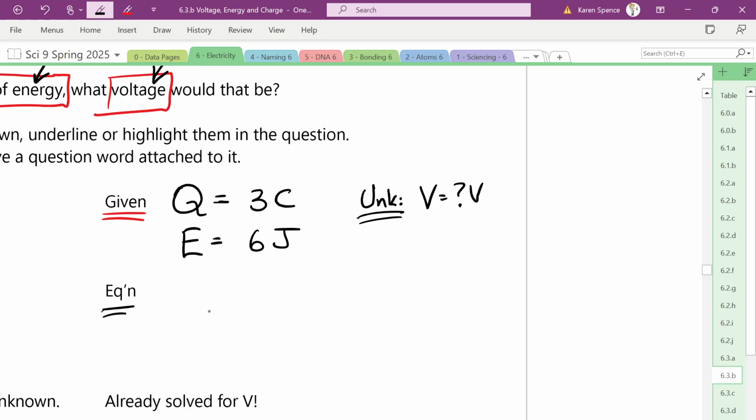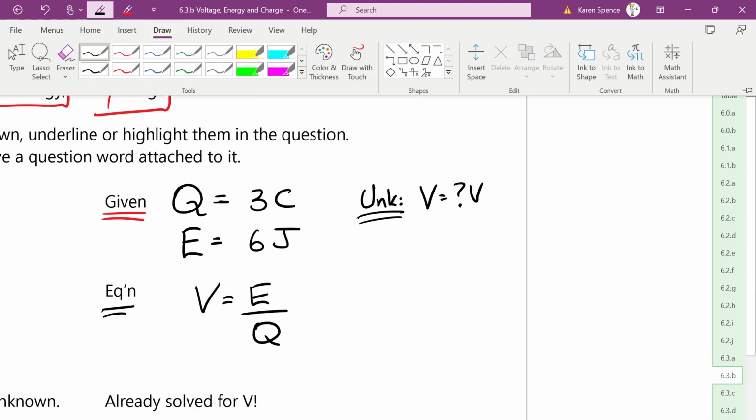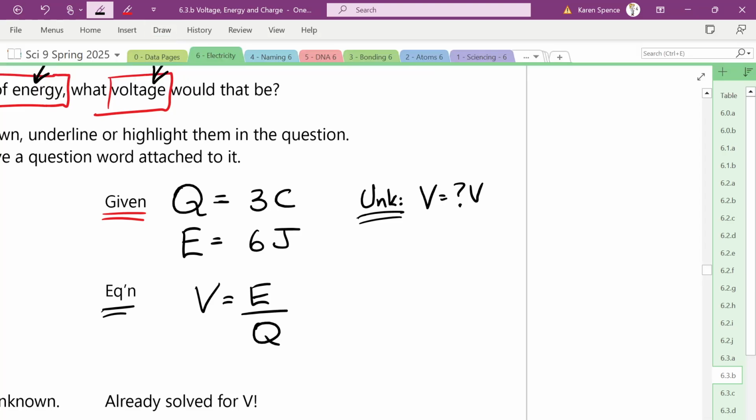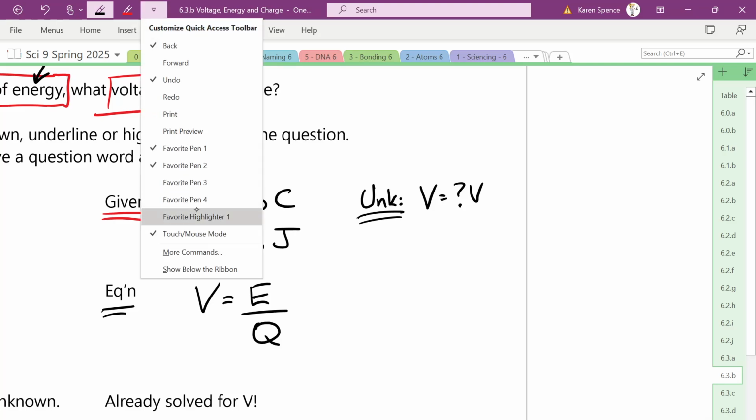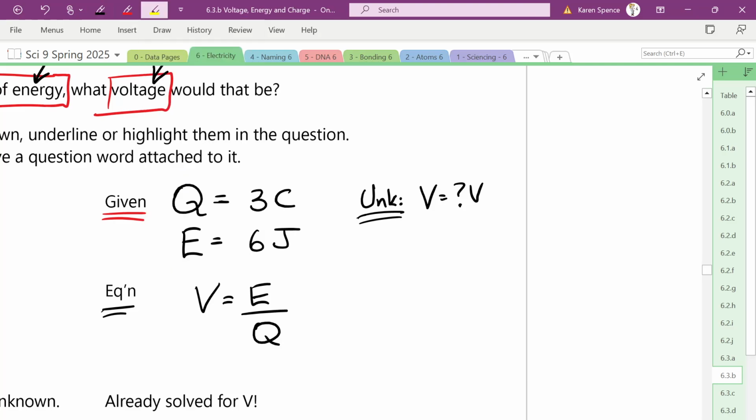And our equation is a very easy question, because that's the one that involves the Q, the E, and the V. Okay, and that is on your purple sheet. Alrighty?